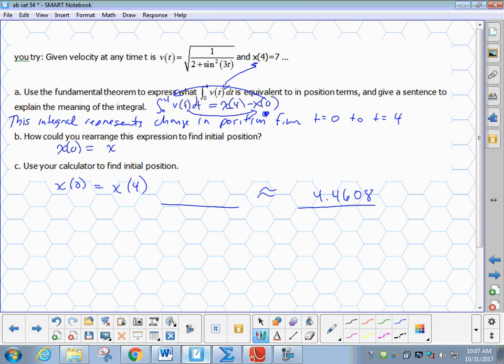Either way, it's X at 4 minus the integral, which in plain English means starting position could be found by ending position and subtracting away the change. I'm removing the change that happened, undoing the change in position to get back to where it was before. So then, if you do that well in your calculator, you should get 4.408.